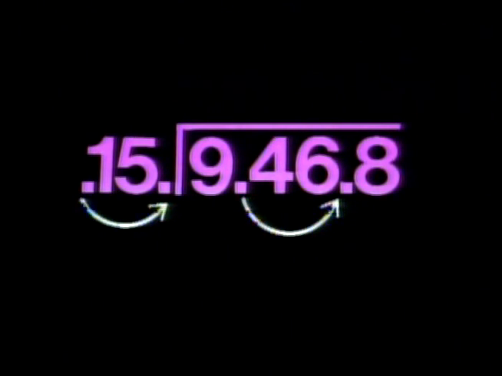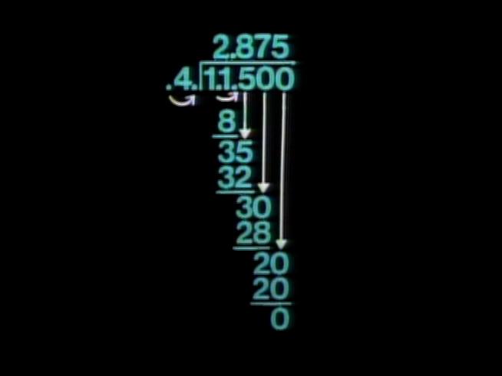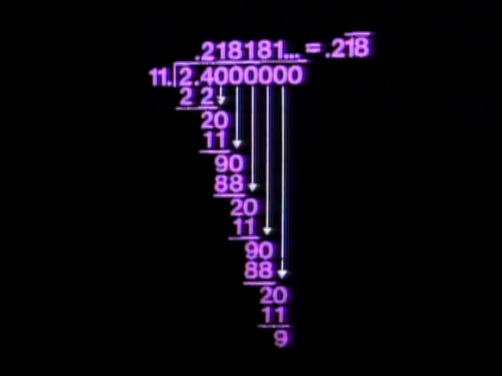Next, we place the decimal point of the answer directly over the decimal point of the dividend. We saw that when we divide with decimals, the quotient may sooner or later come out exact, or it may never come out exact. It may form a pattern instead. If it comes out exact, either right away or after we add some zeros, we call it a terminating decimal. Otherwise, we call it a repeating decimal.